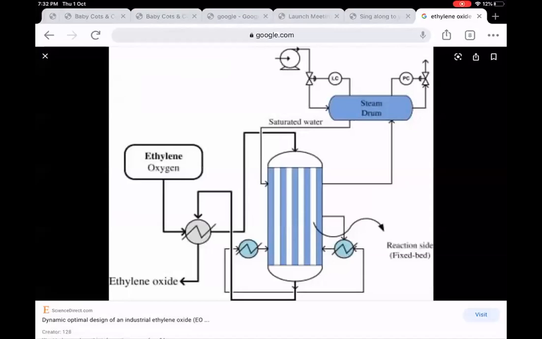You have ethylene plus oxygen, which goes to a similar boiling water reactor basically. The ethylene oxide reaction is also an extremely highly exothermic reaction. So that is where you control the heat of reaction by water on the other side.